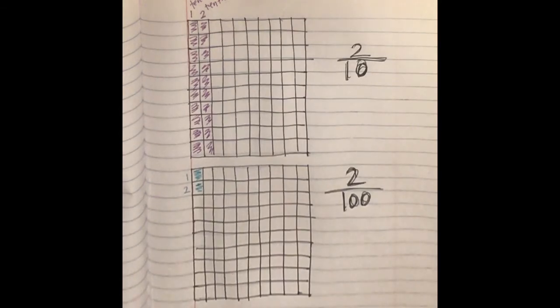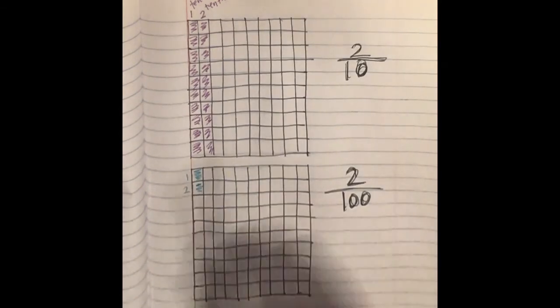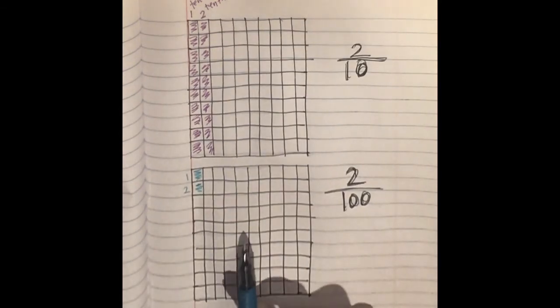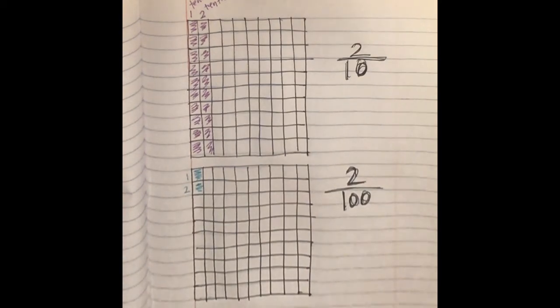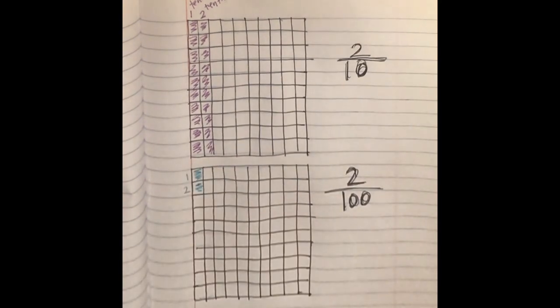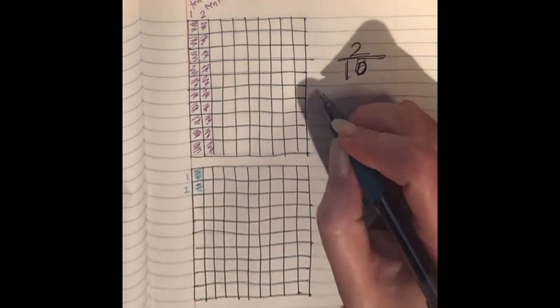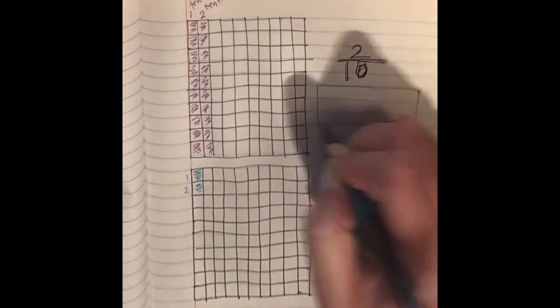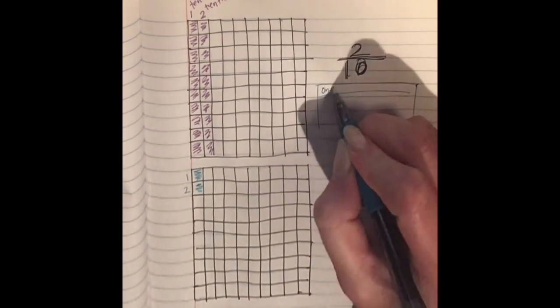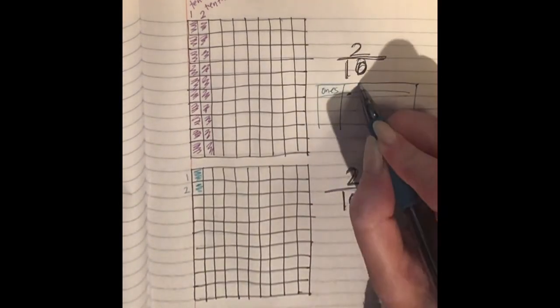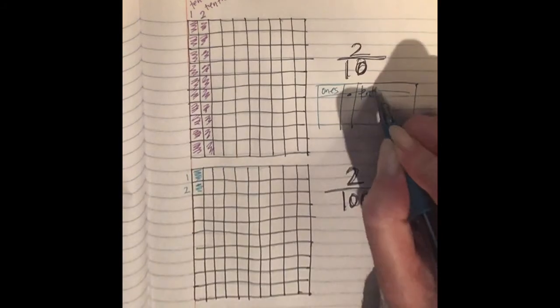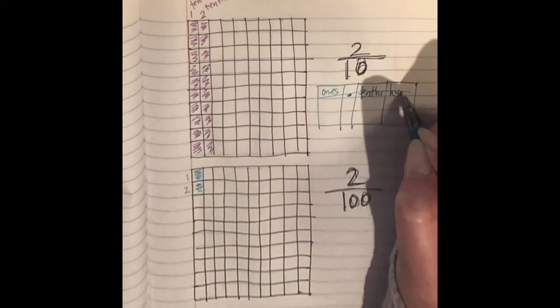So you see the difference? What if I asked you, would you rather have 2 tenths of a candy bar or 2 hundredths of a candy bar? Well, definitely 2 tenths because that's more. So now how would we write this as a decimal? My place value chart, my ones, period, tenths, and hundredths.